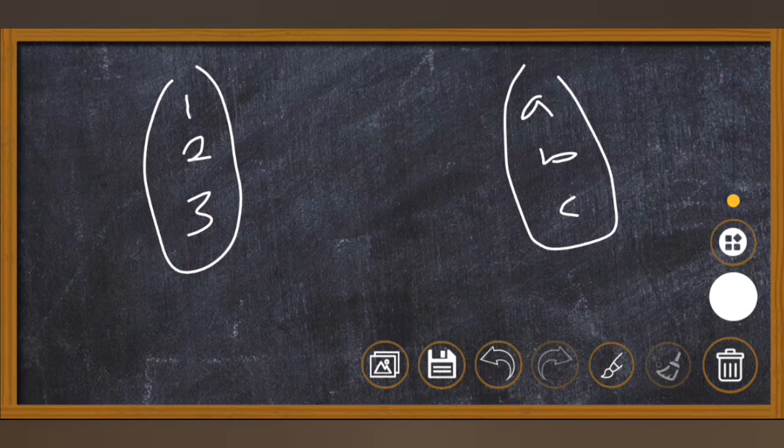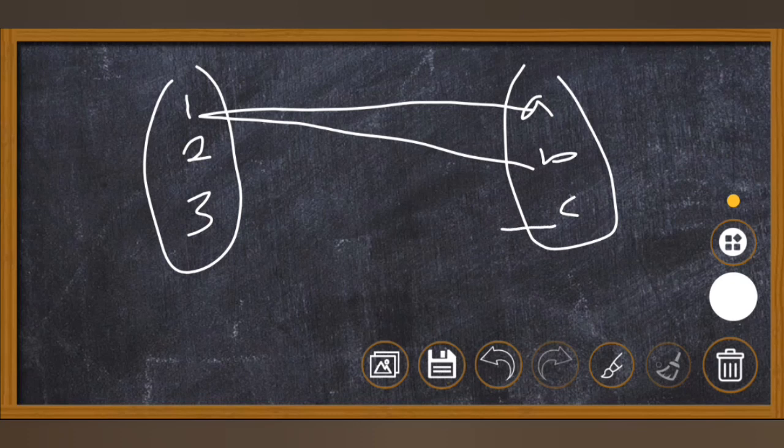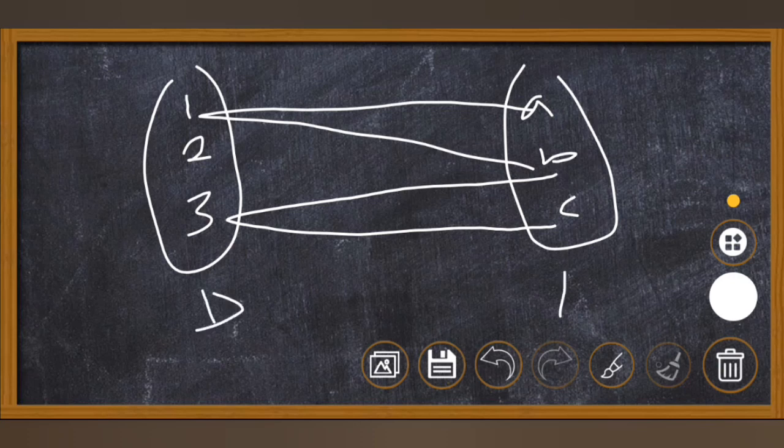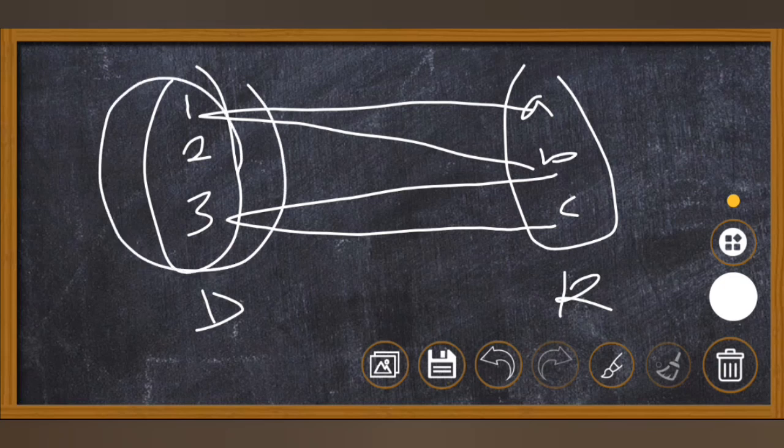So let's say A and B are producing 1. Then let's say C and B are producing 3. So even if it's like this, this is still the domain and this is the range. So in this case, only one is producing many. In this case, this is called a one-to-many function.